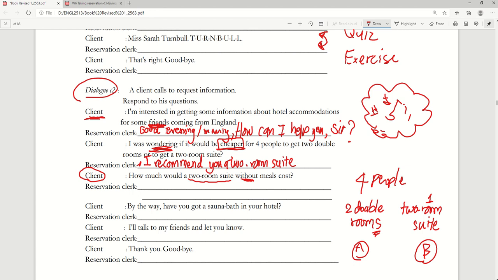Include cost with meal, because this sentence is completely different, because he asks, and what about the two-room suite without meal? But you provide the information, two-room suite with meal and price.